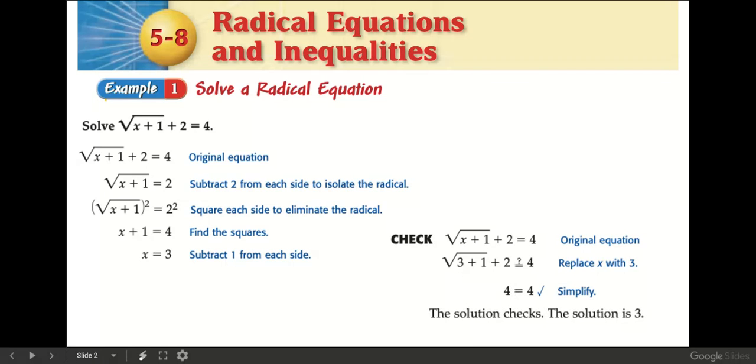That means my solution is, in fact, x equals 3. The big trick here is getting the radical all by itself, squaring both sides to get rid of the radical, and then finishing solving it. Always check your solution to make sure that it actually works.